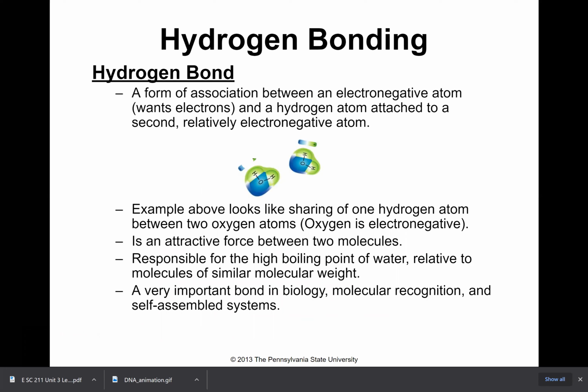To get more into the hydrogen bonding attraction, I'm going to say that it's an attraction, not a chemical bond. It's a form of association between an electronegative atom that wants electrons and a hydrogen atom attached to a second relatively electronegative atom. So water is that case, right?